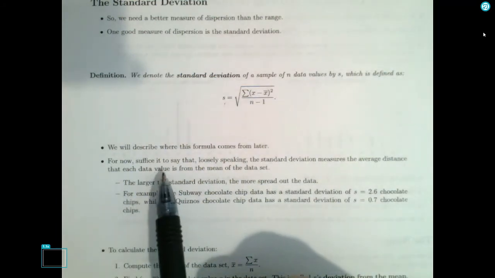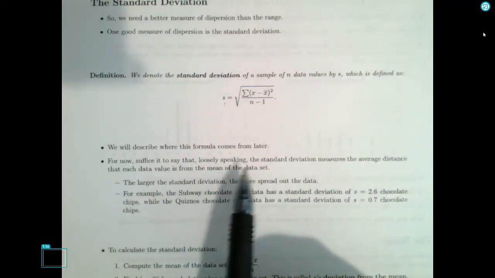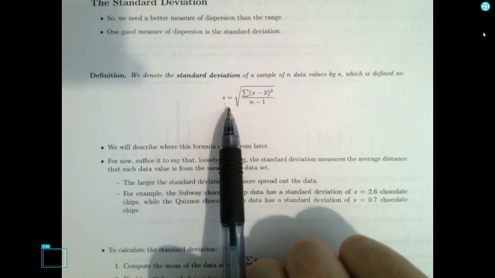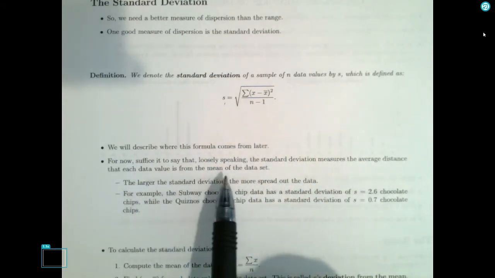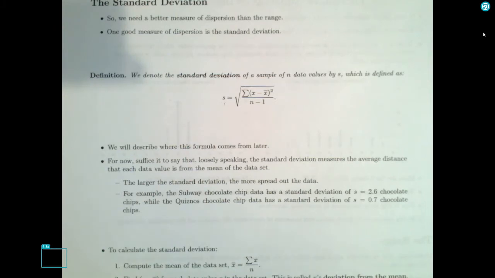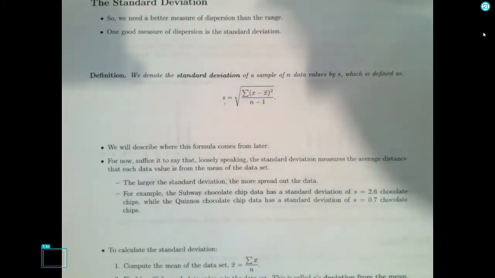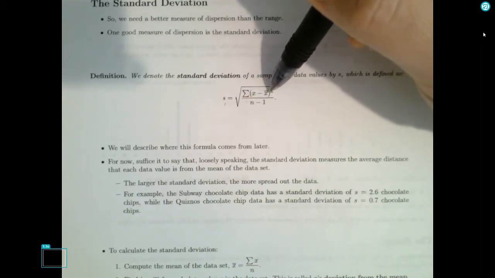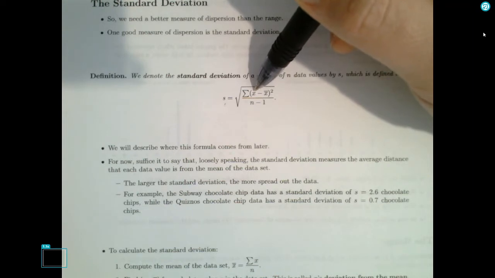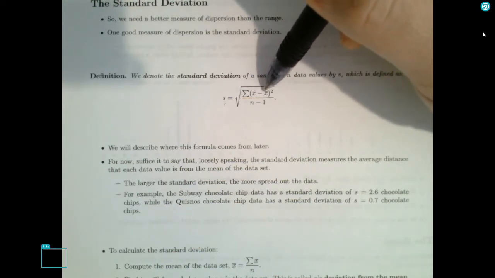For now, let's just suffice it to say that, loosely speaking, what the standard deviation measures is the average distance that each data value is from the mean of the data set. When you look at x minus x bar, you're looking at the distance that data value is from the mean.